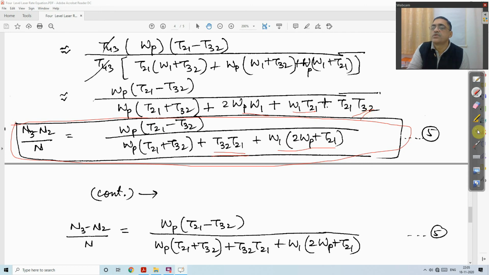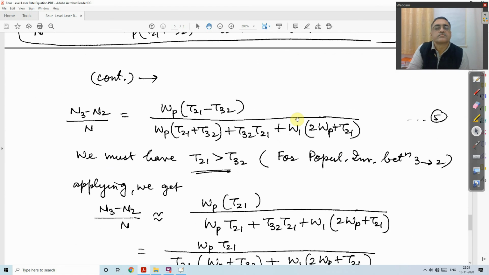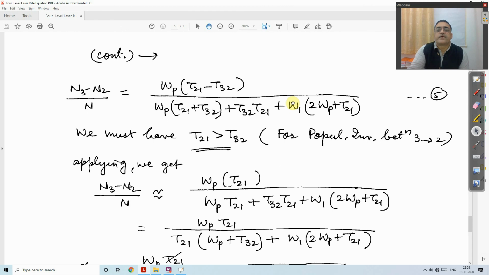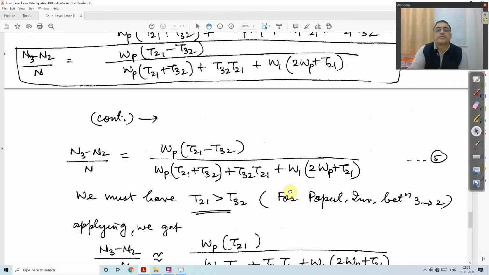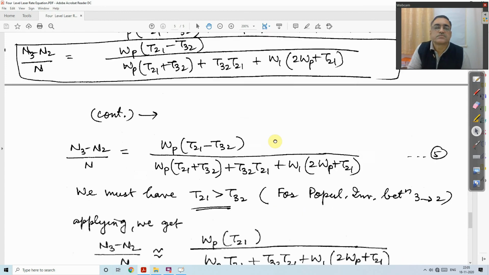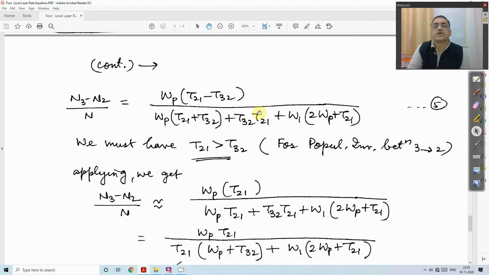Now continuing further, we get a simplified equation. Up till here we have not used any approximation, and we are at page 5 of the notes.